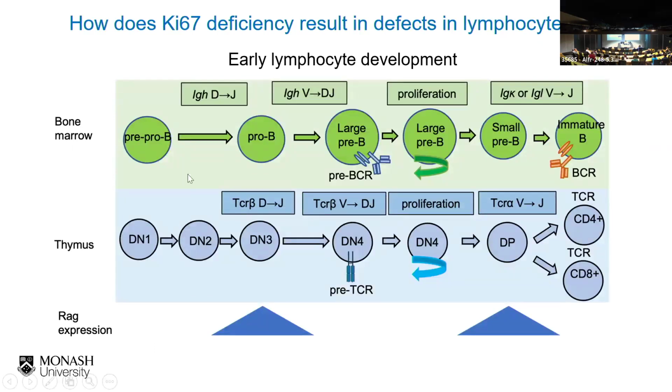Early lymphocyte development is a very well-controlled process. As you can see here, there are very distinct stages of development, both in the B cell lineage and in the T cell lineage, and at each stage they need to pass some checkpoints. For example, from pre-Pro-B to Pro-B, they need to join their D to J segments. From Pro-B to large pre-B, they need to undergo heavy chain VDJ recombination.